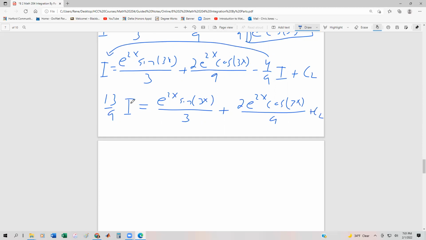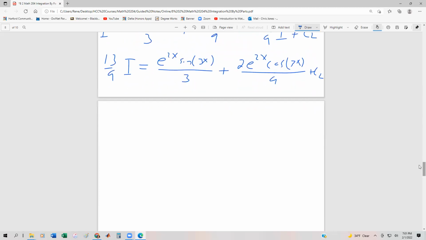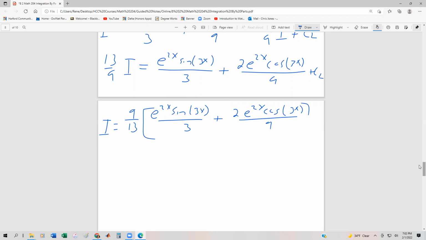To solve, we're going to multiply both sides by the reciprocal or divide by 13/9. So let's just multiply both sides by 9/13. So I, which is the original integral, is going to be equal to 9/13 times e to the 2x sine 3x divided by 3 plus 2e to the 2x cos 3x divided by 9 plus, I'm just going to call it c. And then finally, we can distribute, simplify.